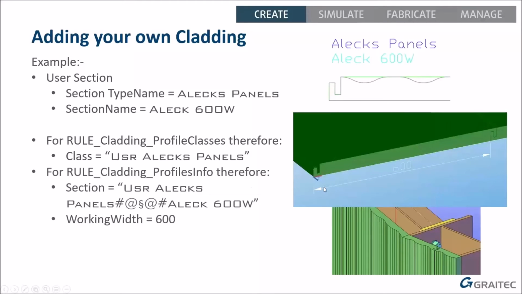Then in the profiles info table, you can put the section name again, USR space Alex panels hash at section at hash, and then whatever I got in light blue, so Alex 600W. And the working width, you can see here, I'm trying to show it to you from the edge of the one beam to the edge of the next beam, 600. So that's the working width and the standard width, or step width columns.